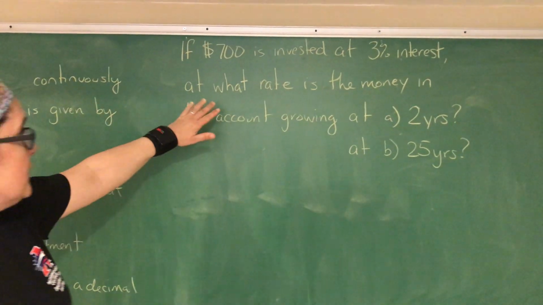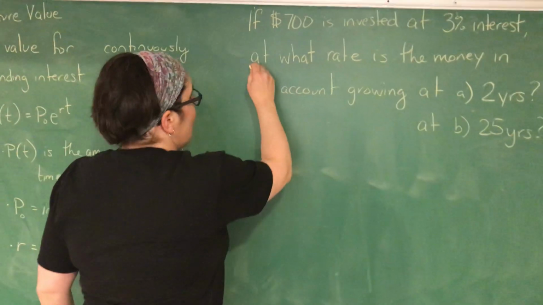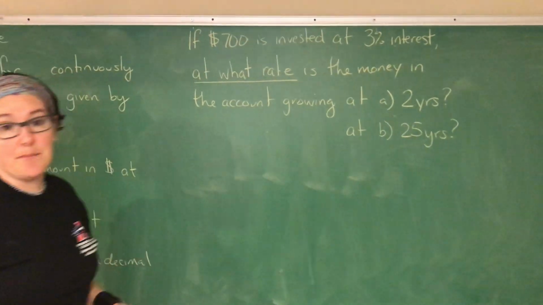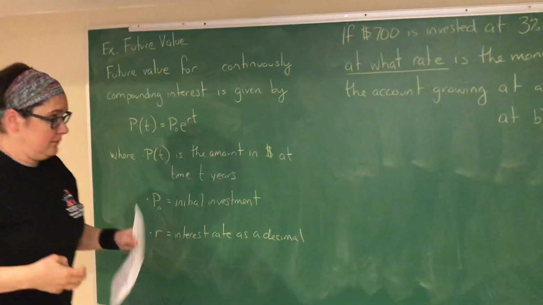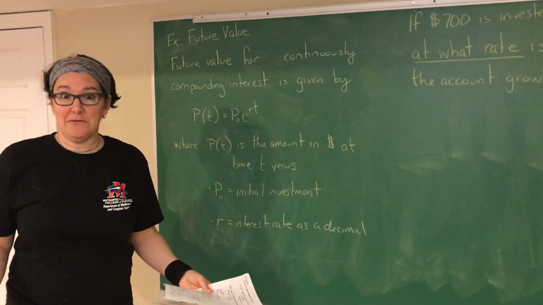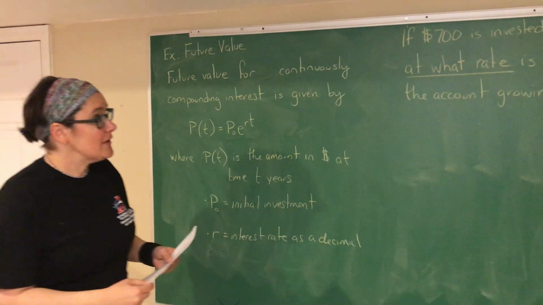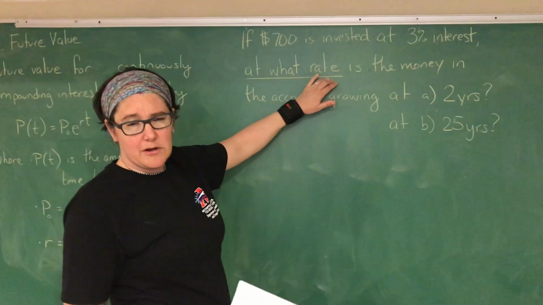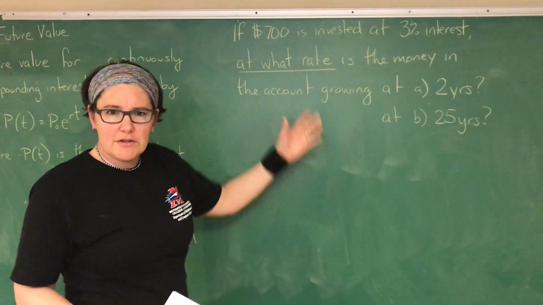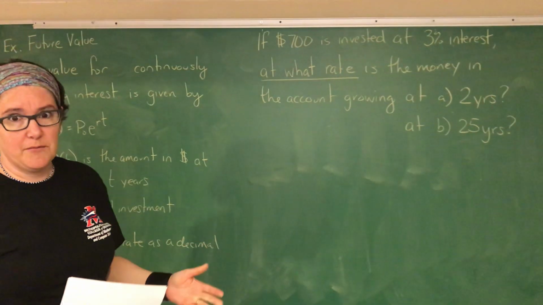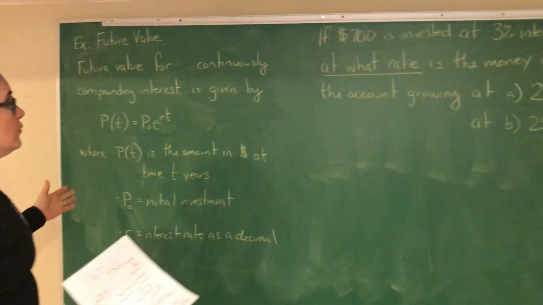So the question that we're being asked about is at what rate something is happening. We want to know how quickly our money is growing, and that's important. But to come up with a rate means we're talking about a derivative. So we're eventually going to want to take a derivative of some formula. So what do we have here?